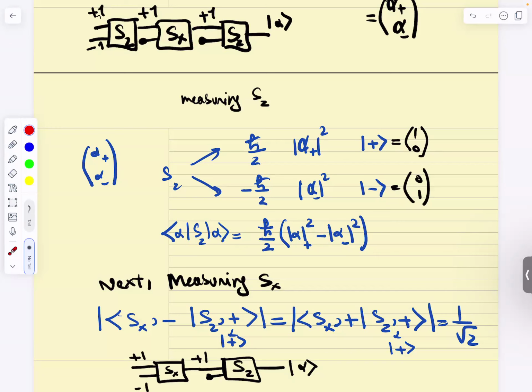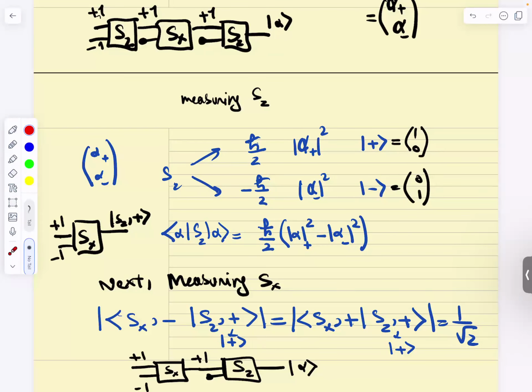So repeating the same logic, in this step what comes in is S of Z plus. This is the input. We're going to measure S of X, and then you're going to get +1 or -1.